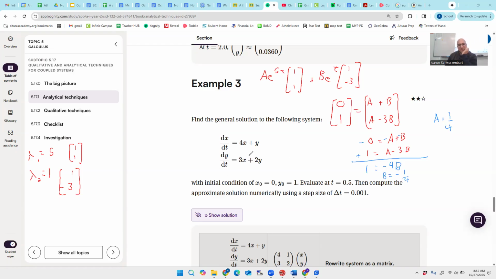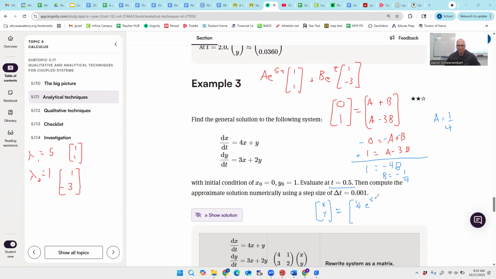So now it asks me to do t equals 0.5. I'm not going to put it back into that original form because it doesn't ask me to. Oh, a is 1/4.